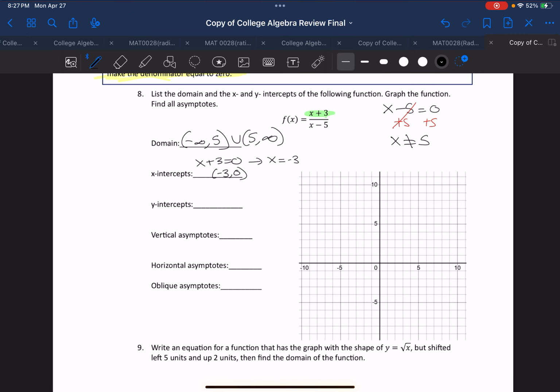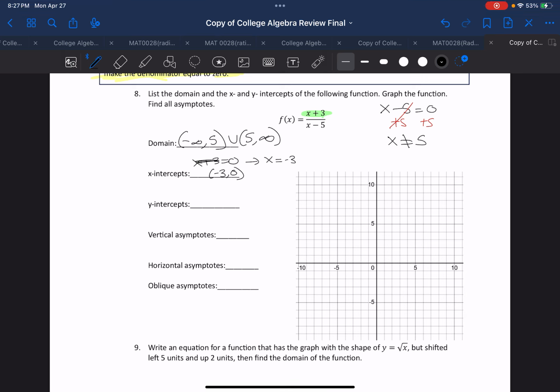So that's my x-intercept. The y-intercept, we plug 0 in for x. So that would be 0 plus 3 over 0 minus 5, which is 3 over -5. So that's my y-intercept, and that would be in the form of the point (0, 3 over -5).